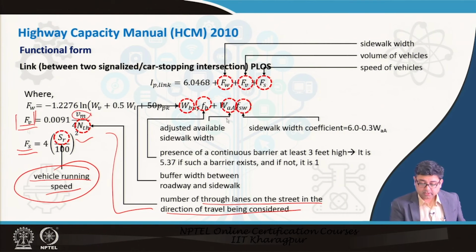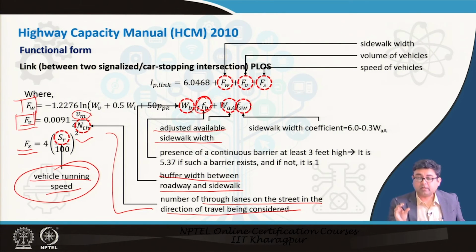Now, the other two things that were included in the FW term. One was, remember, the adjusted available sidewalk width. There is a factor that you have to multiply the buffer width with. WB was the buffer width. If there was a tree plantation, that width between the roadway and the sidewalk is called the buffer width.